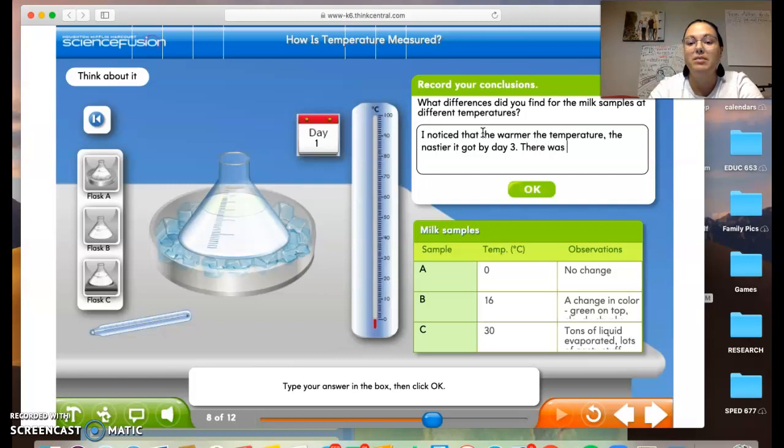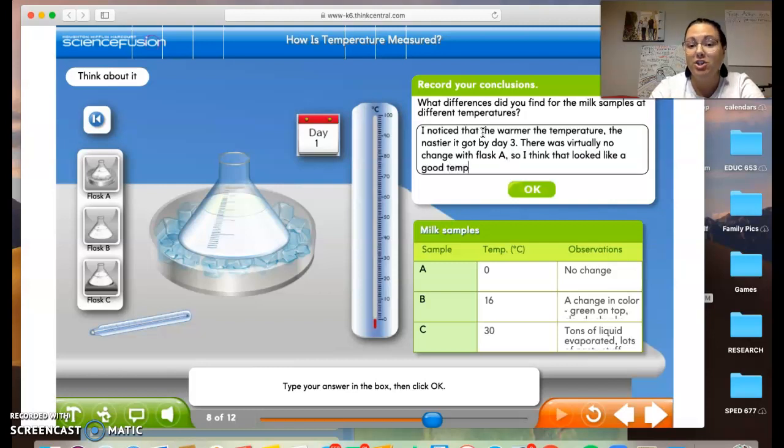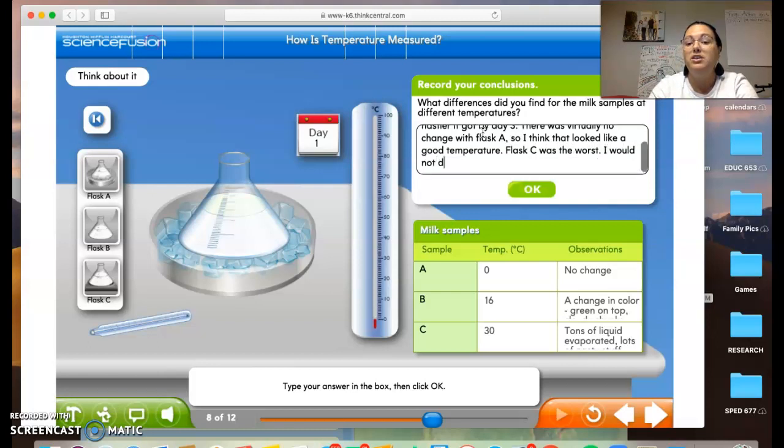There was virtually no change with flask A, so I think that looked like a good temperature. Would y'all agree with that? Okay. Flask C was the worst. I would not drink that. All right.